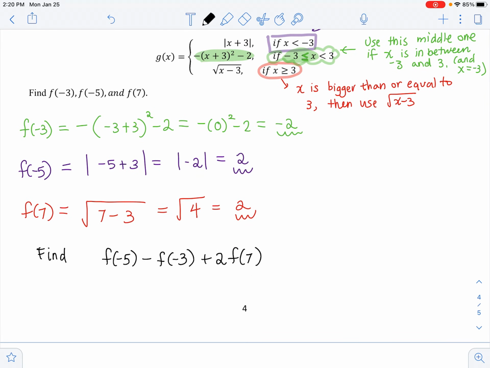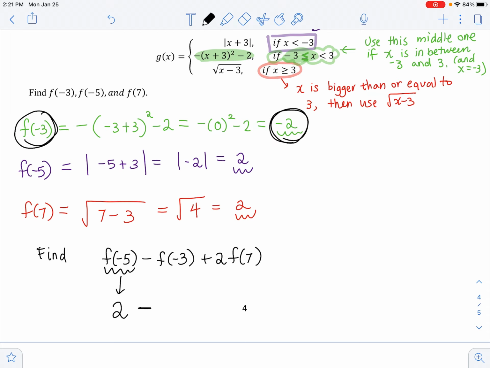Well, it's nothing more than just putting together what we already found in this case. F of negative 5, remember we found that to be positive 2, right? So f of negative 5 is 2. And copy down the minus sign. And what is f of negative 3? F of negative 3 is negative 2.